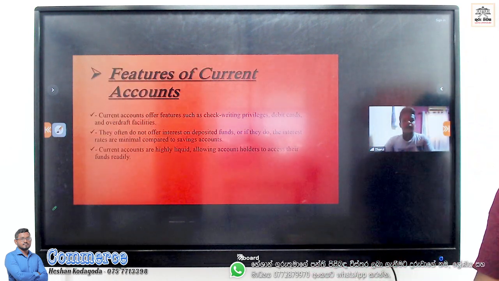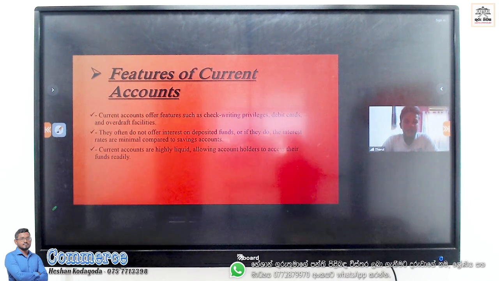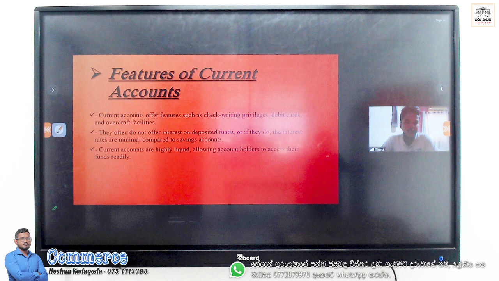Features of current account: current accounts offer features such as check writing privileges, debit cards, and overdraft facilities. They often do not offer interest on deposited funds, or if they do, interest rates are minimal compared to saving accounts. Current accounts are highly liquid, allowing account holders to access their funds readily.